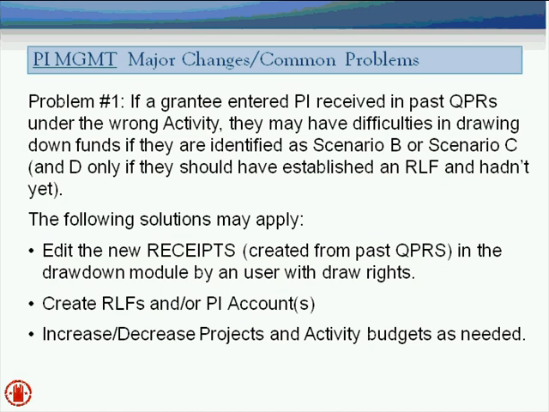Because remember, going forward, your project and activity budgets are inclusive of program funds plus program income. Your activity obligations are also inclusive of program funds plus program income. So you may need to evaluate what those budgets say and how you need to increase or decrease them if you've receipted some of your program income incorrectly in the past.